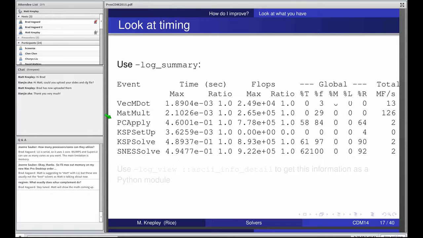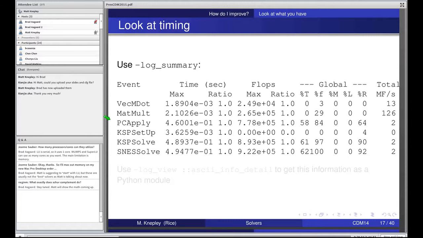And then the dot products are done to do projections and compute norms and such. And here, the time for matrix multiplication and inner products is very small compared to the time taken to compute the preconditioner. So it's a very strong preconditioner.